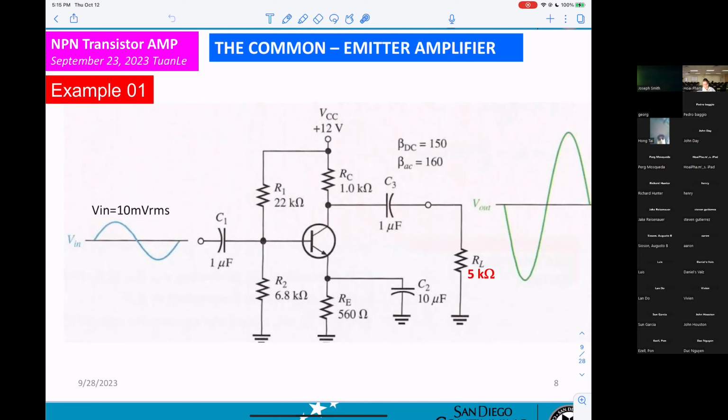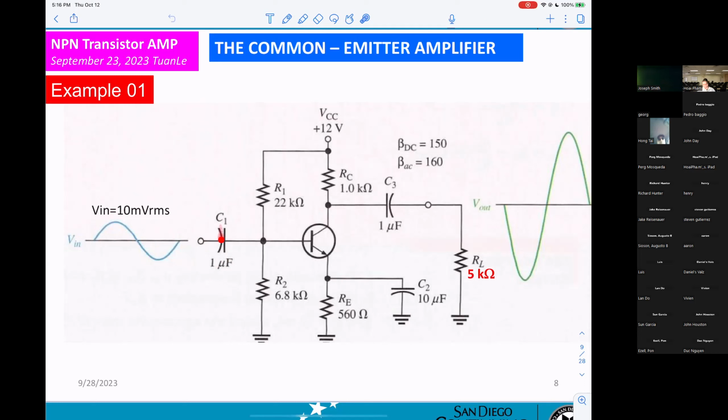Second thing, what is the name of capacitor C1 and the purpose of this C1? We already told you, C1 is DC blocking or AC coupling. The input comes in and the DC will be blocked. This is your source right here, and you don't want your source including DC.